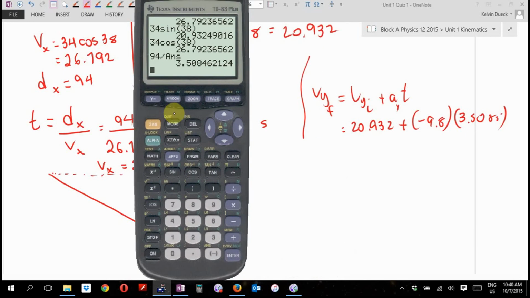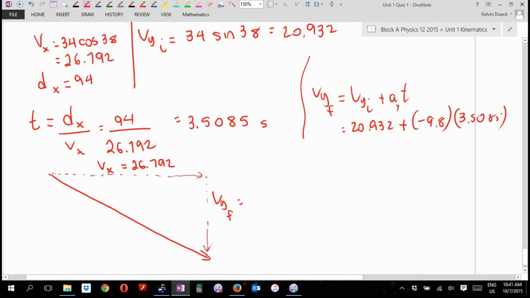It's going to be 20.9325. I'll even add that from there since I have it sitting there. Plus negative 9.8 times, answer button. It's on its way down. How do I know? Negative. So the picture is right. Negative 13.45.